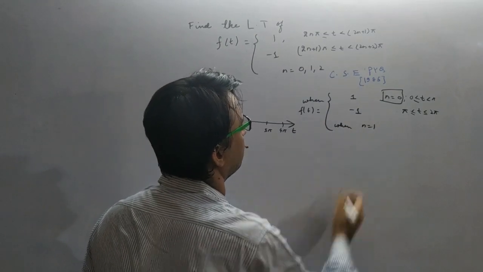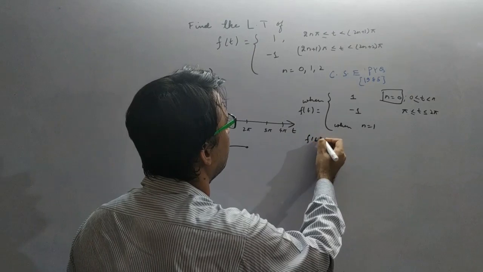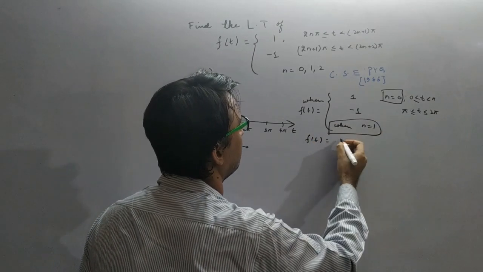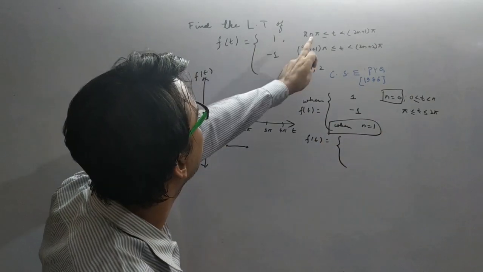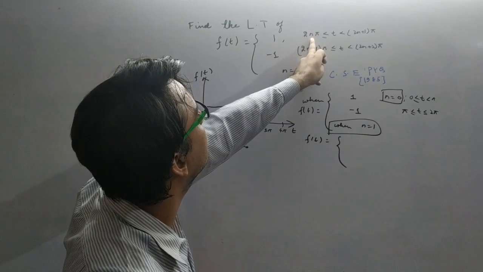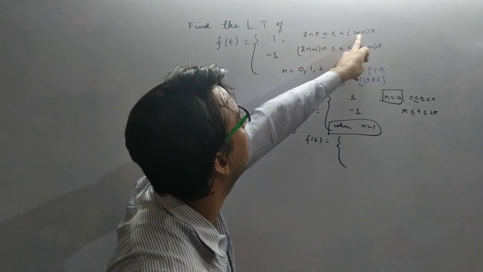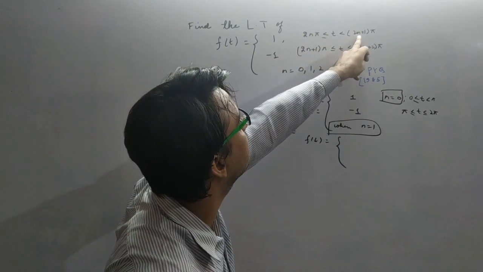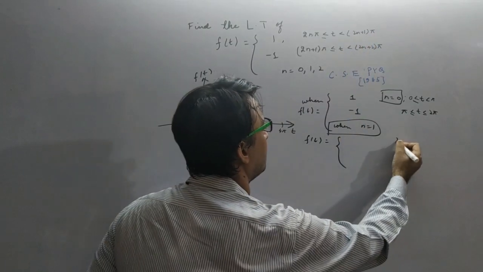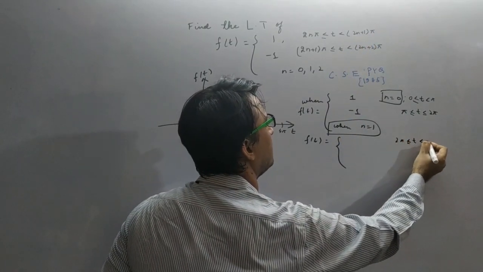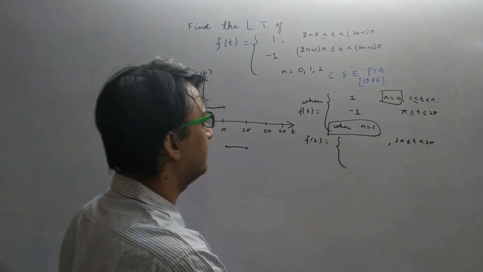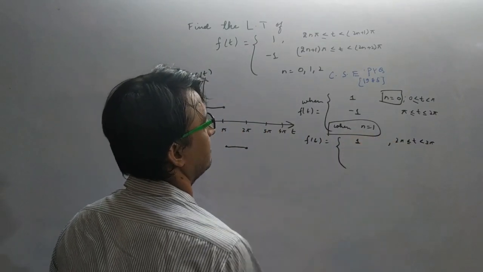Now when n is equal to 1, what will f(t) be? If we put 1 here, we get 2 pi, and here 2 plus 1, 3 pi. So the range is 2 pi to 3 pi, and the value is again 1.